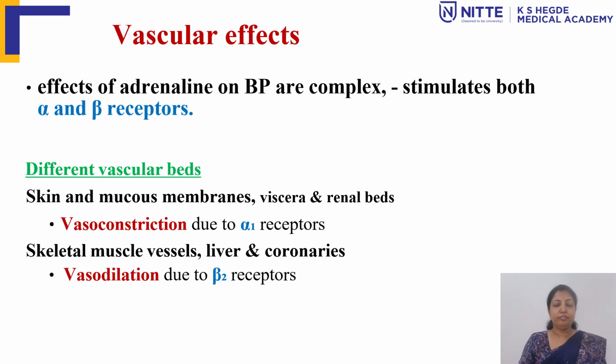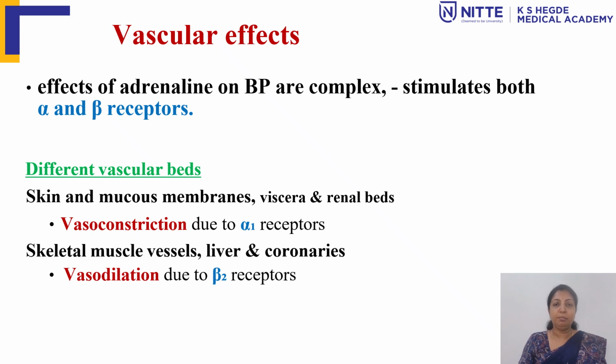Let's see the effect of adrenaline on the blood vessels. The effect of adrenaline on blood pressure is complex because they can stimulate both alpha receptors and beta receptors. By acting on the alpha receptors, especially alpha 1, they produce vasoconstriction, and by acting on the beta 2 receptors, they can produce vasodilatation.